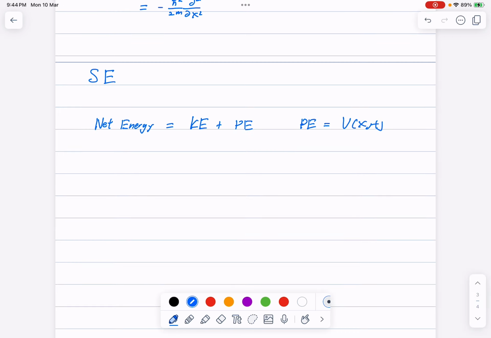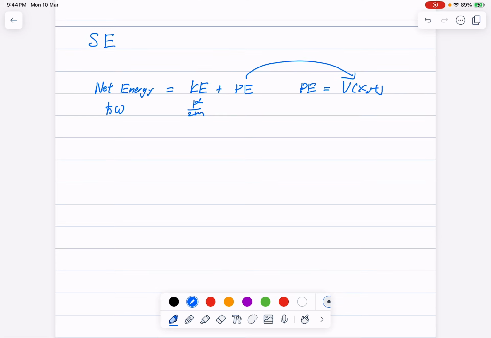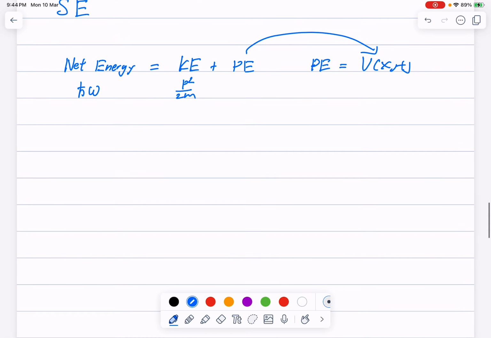What is our net energy? Our net energy is h bar omega. Kinetic energy is p squared over 2m, and we have our potential energy. So for h bar omega, we have the operators for them.